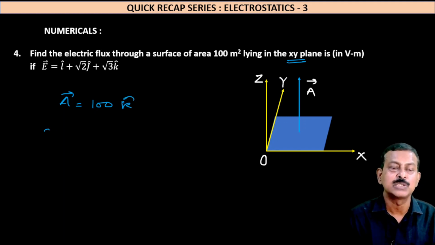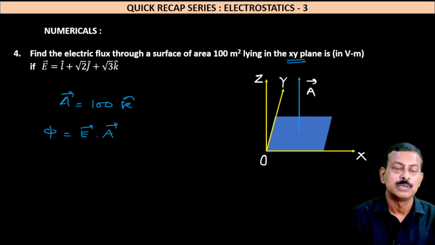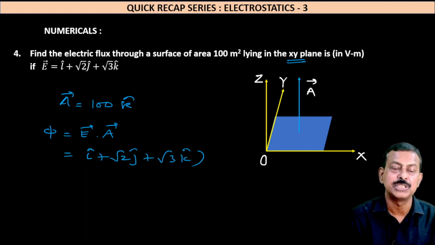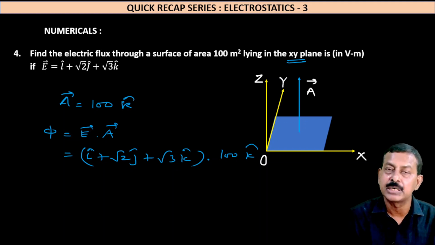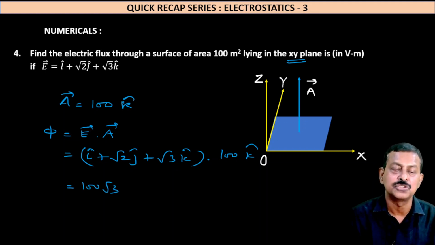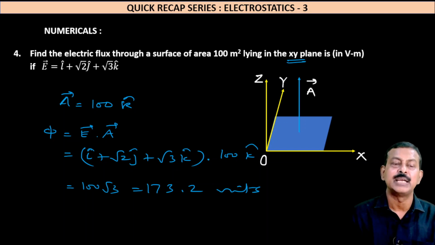So if it is asked what is the electric flux, this is E dot A, that is i cap plus root 2 j cap plus root 3 k cap dot 100 k cap. Now i dot k, j dot k will be 0, so it will be simply 100 root 3, which is 173.2 units. That is the electric flux.